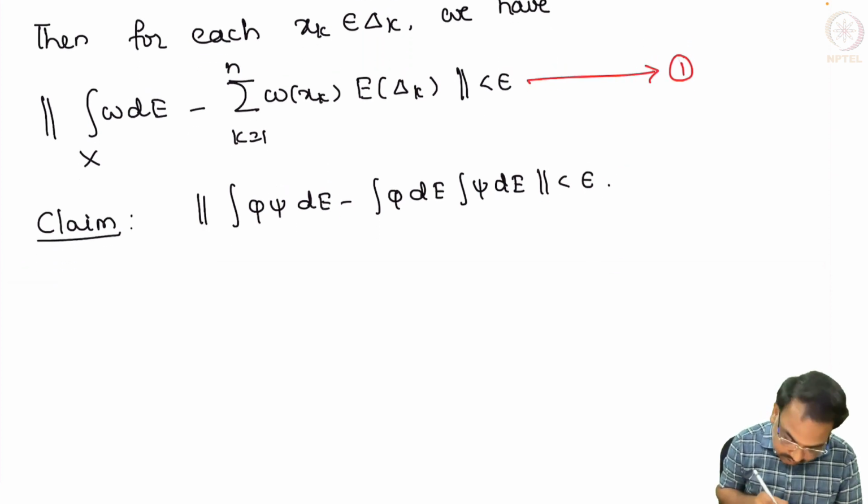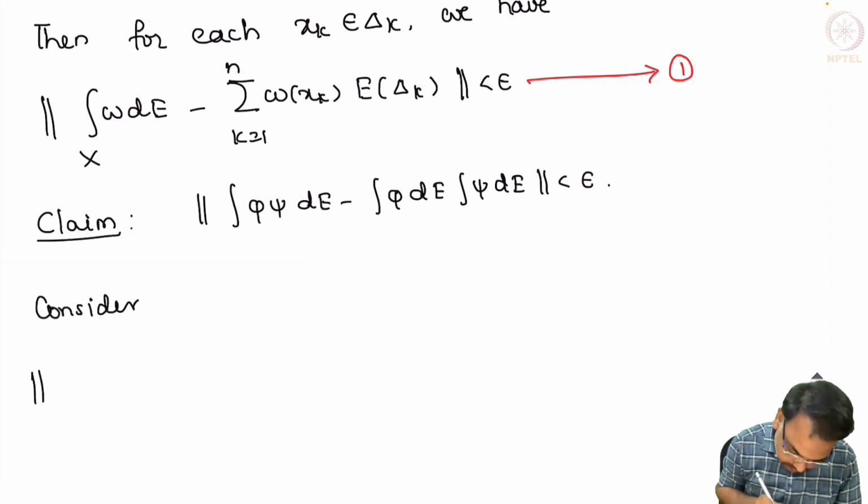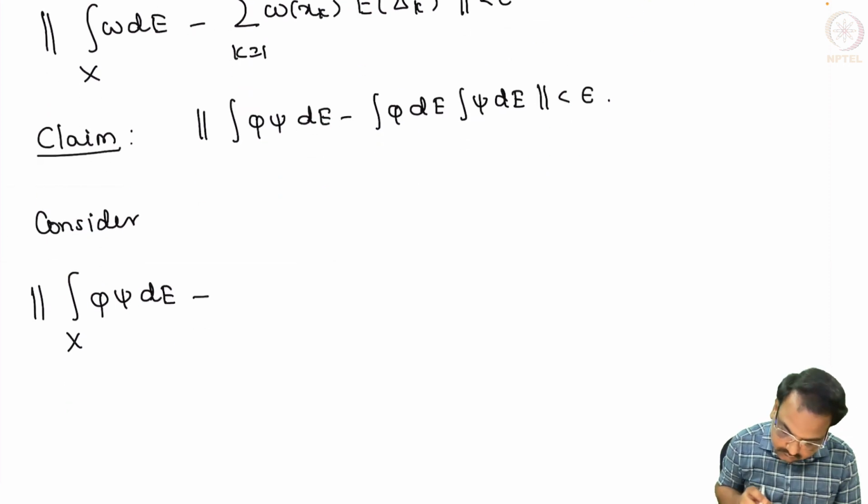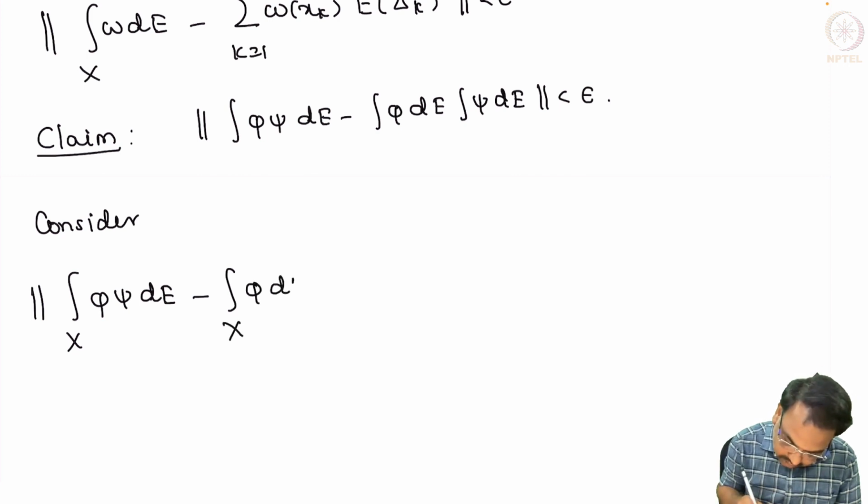Okay, so let us look at this part. So let us consider the norm of the integral over X of phi psi dE minus the integral over phi dE times the integral over psi dE.